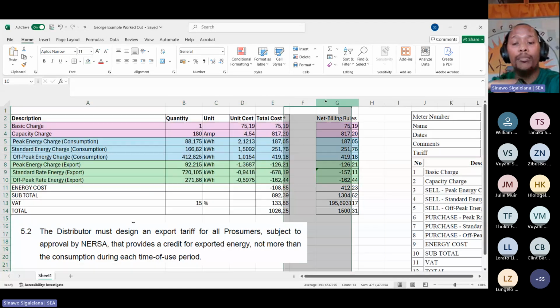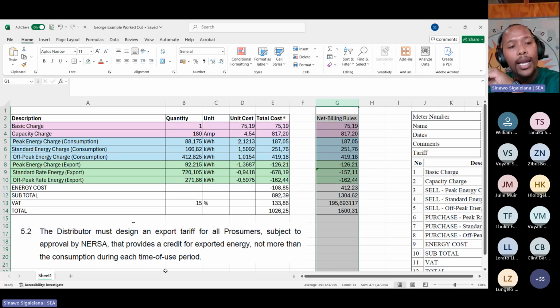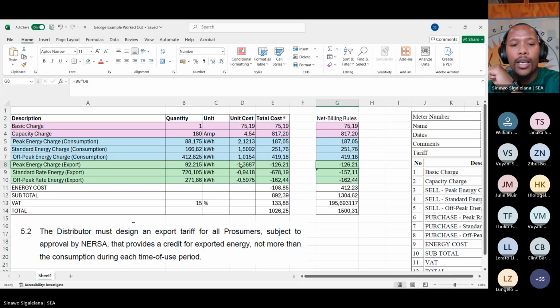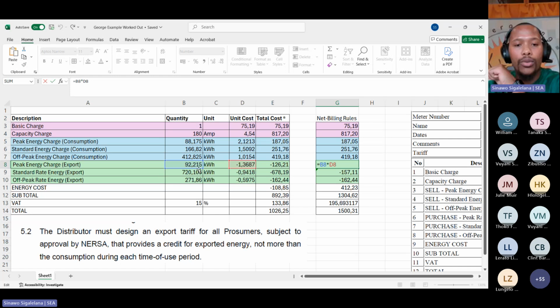But if we apply the net billing rules, where I was going with this, colleagues, if we apply what is in the rules, then for this customer, 92.215, you don't apply the credit to the entire 92.215. You apply the credit to the 88, right?